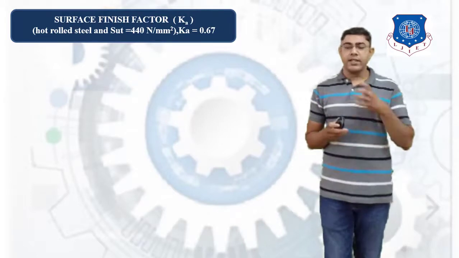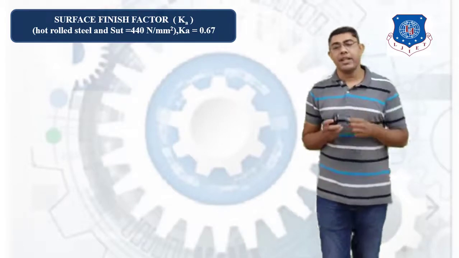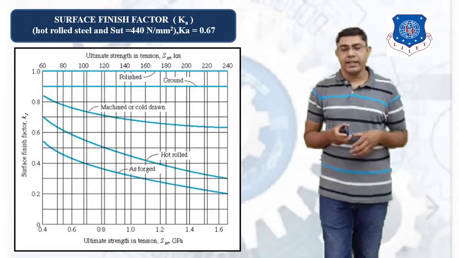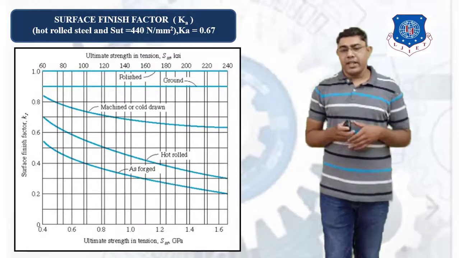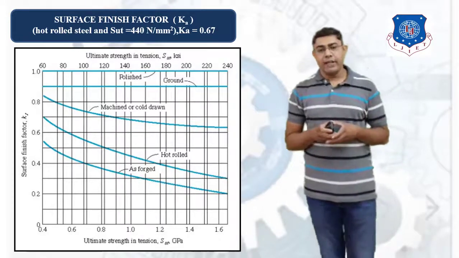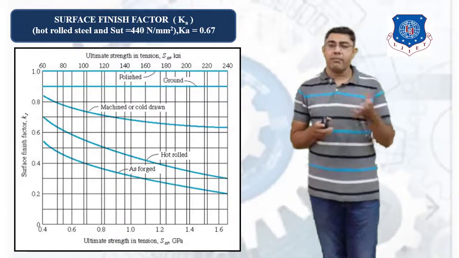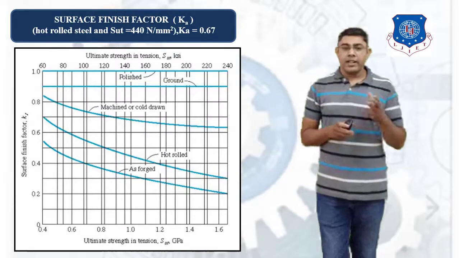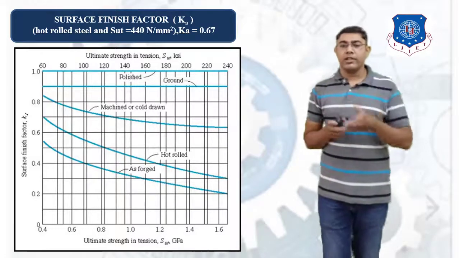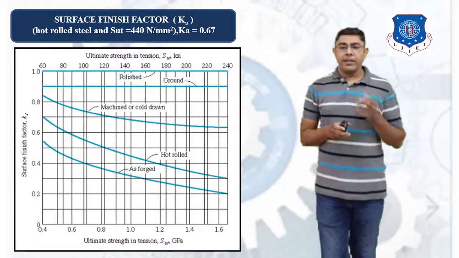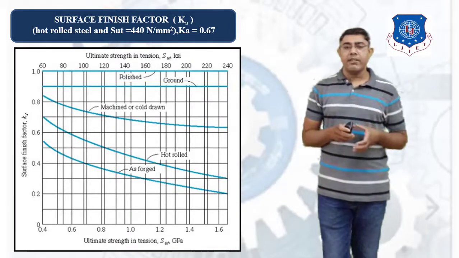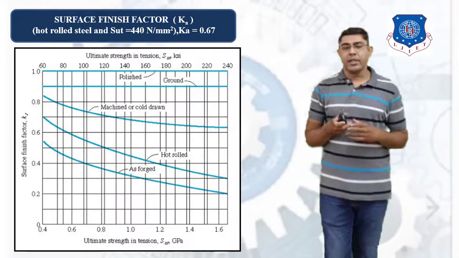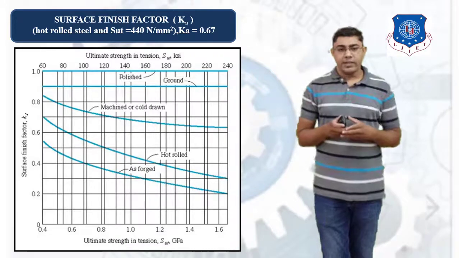For these conditions we use the surface finish factor chart. On the x-axis there is the ultimate tensile strength, and you can see different curves according to the manufacturing operations. Here the condition is hot rolled, so we follow the hot rolled curve, and the ultimate tensile strength is 440 Newton per mm square. Converted into GPa, SUT is 0.44 GPa.